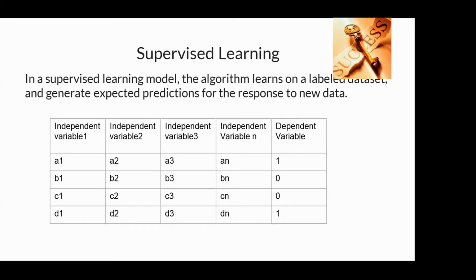If we are providing the labels 0, 1, 2, 3, then it will be a multi-class classification problem. So in supervised learning we have to provide the class labels, and this dependent variable is going to be predicted by the machine.